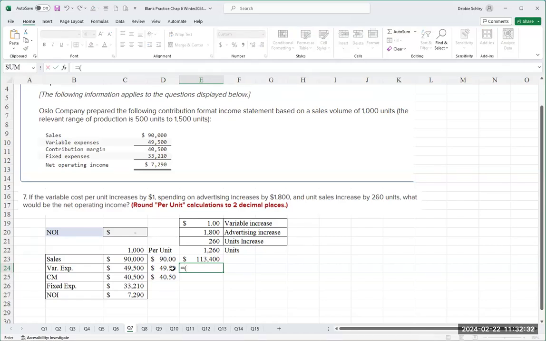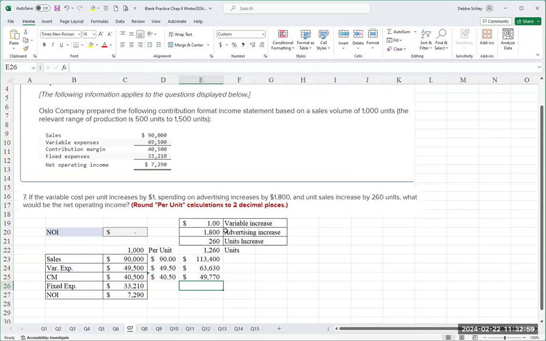So I'm going to open parentheses, take my variable per unit plus that $1 increase, close parentheses, then multiply that by my 1,260 units. So then I can subtract, right? Total sales minus total variable expenses equals contribution margin.